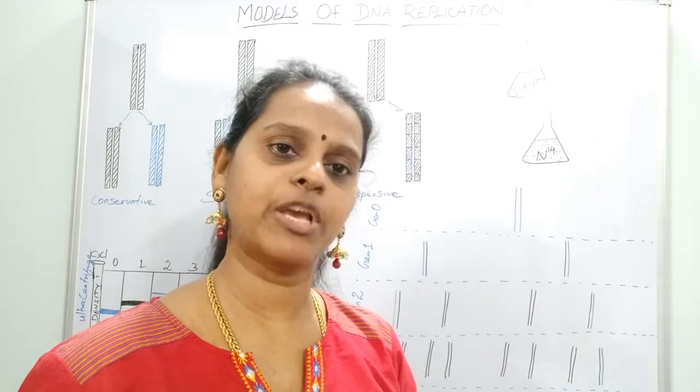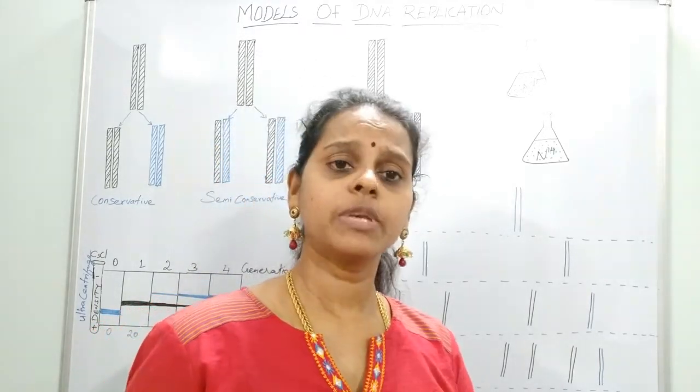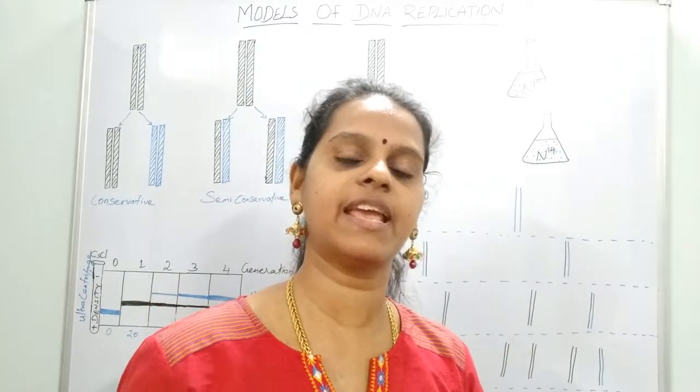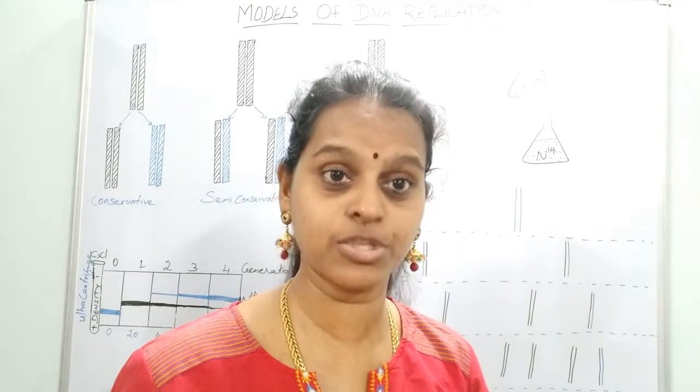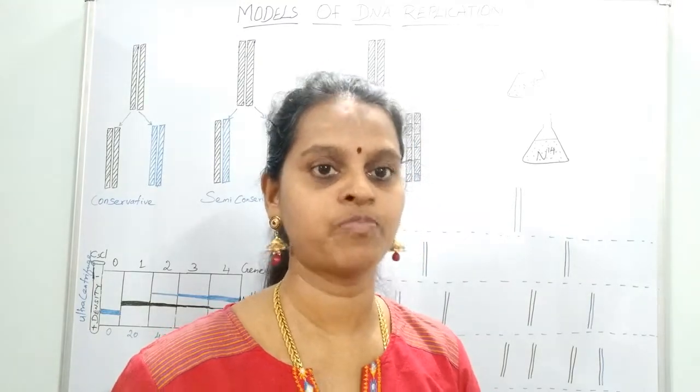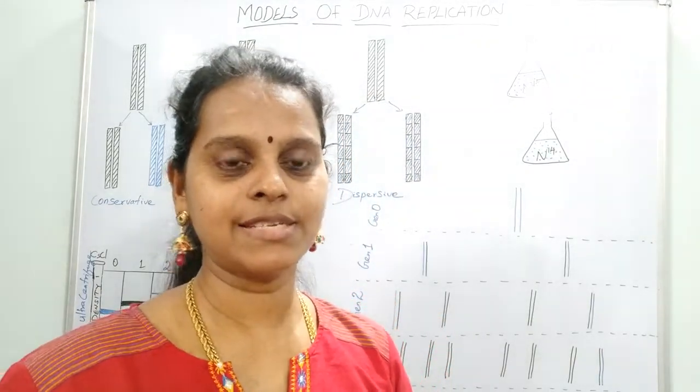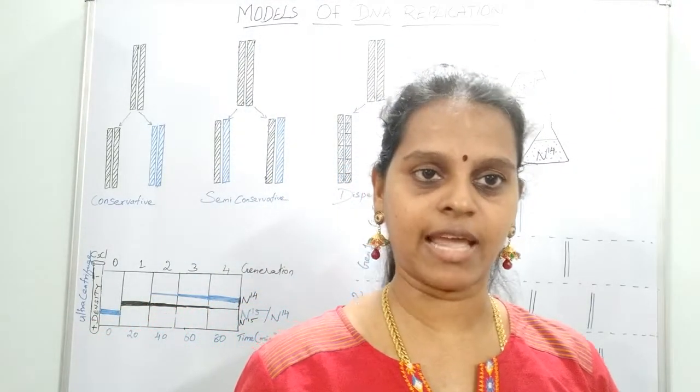And now there is a big question: in which of these three models is the DNA getting replicated? That was the big question among the scientists. It was solved by two scientists, namely Meselson and Stahl.